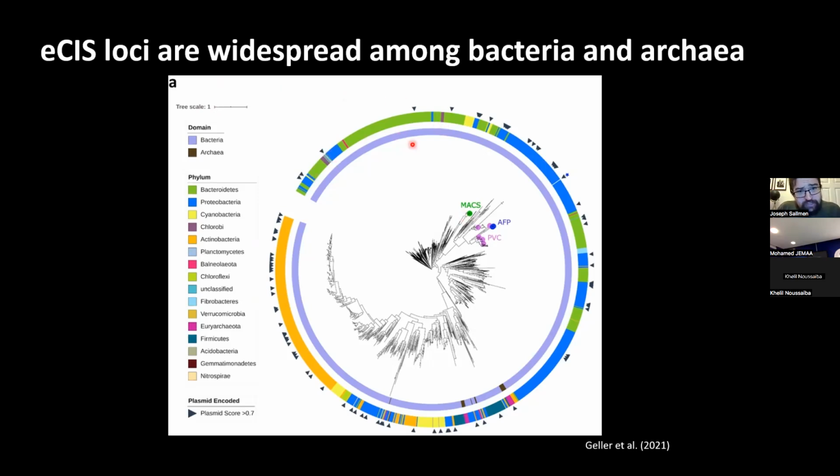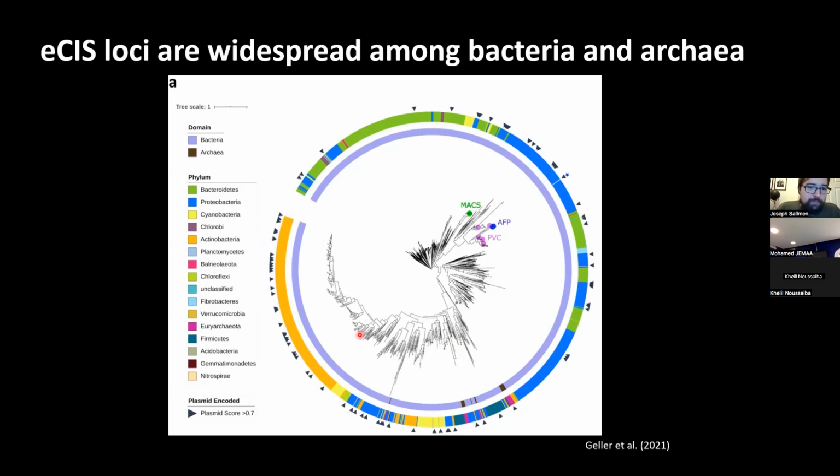The majority of them are still found in gram-negative bacteria. But if you notice this big orange brick here, that big orange brick is actinobacteria. And the vast majority of the bacteria in this block are streptomycetes.